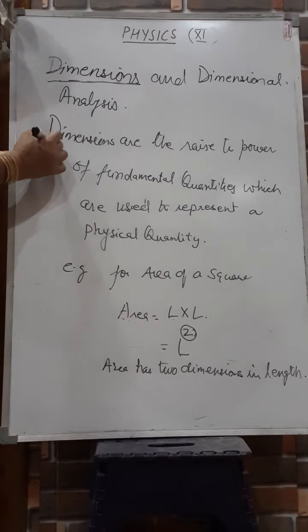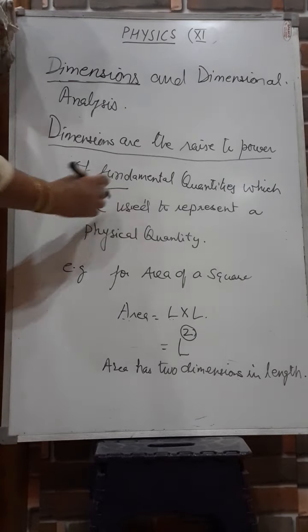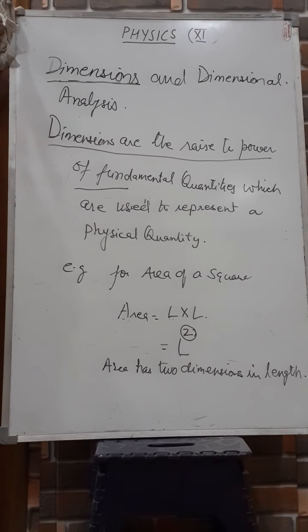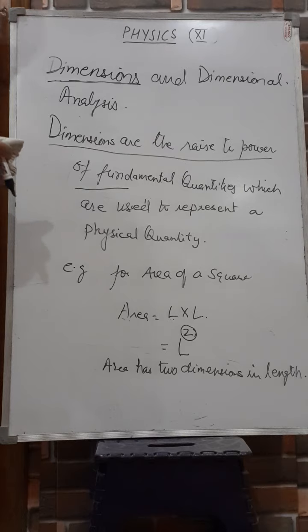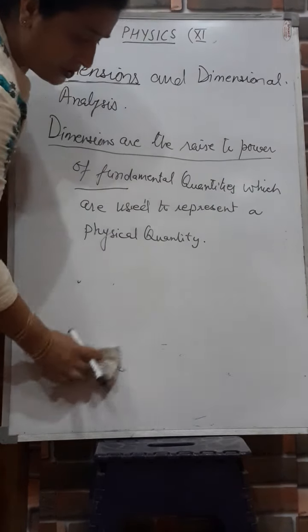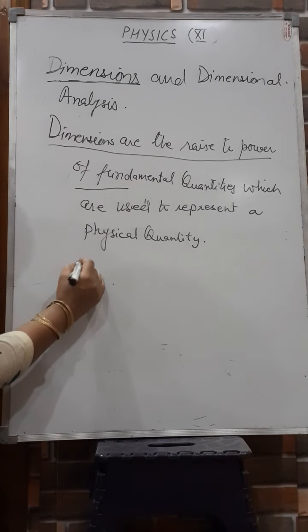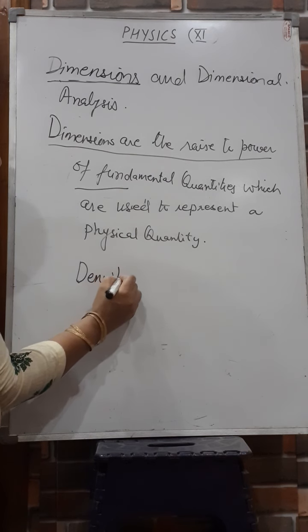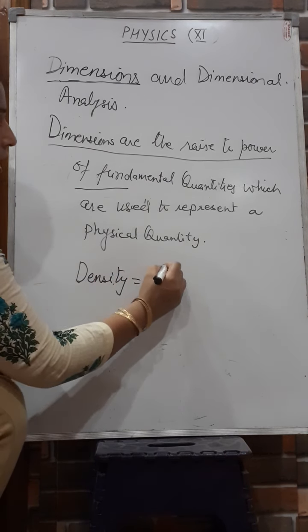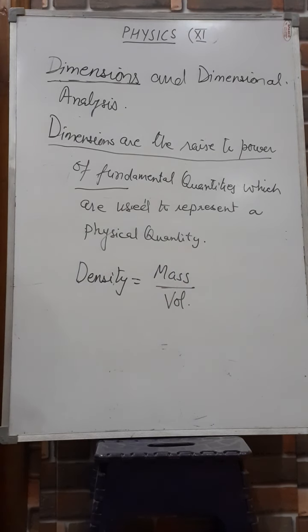So what are dimensions? Dimensions are the powers raised to fundamental quantities which are used to represent the given physical quantity. So we will explain one more example to find the dimension. Density, which is mass per unit volume.